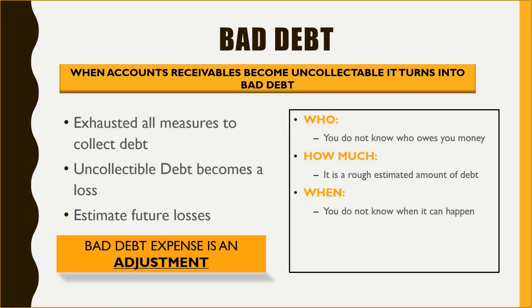Well, like I mentioned, usually when we look at accounts receivable, if it becomes uncollectible, meaning we have exhausted as much time and effort to try to collect this debt, and it's been months and months, this bad debt becomes uncollectible. It becomes bad at that point. Because think about it.